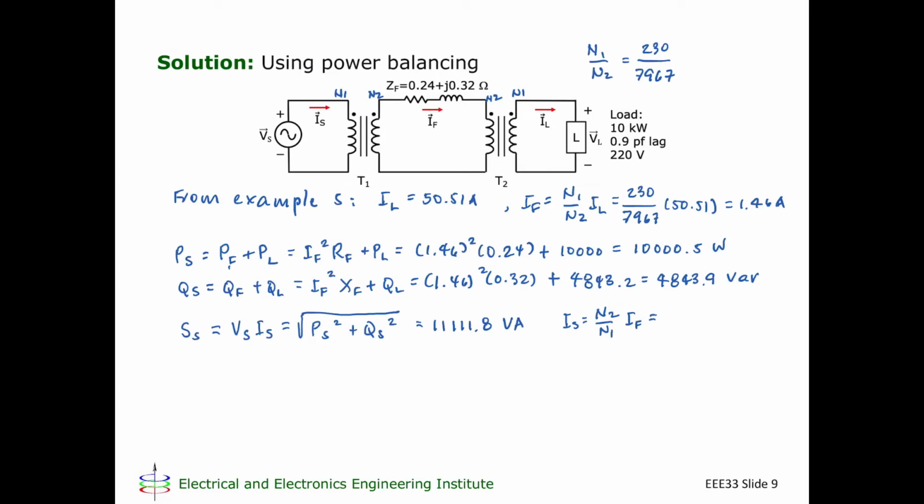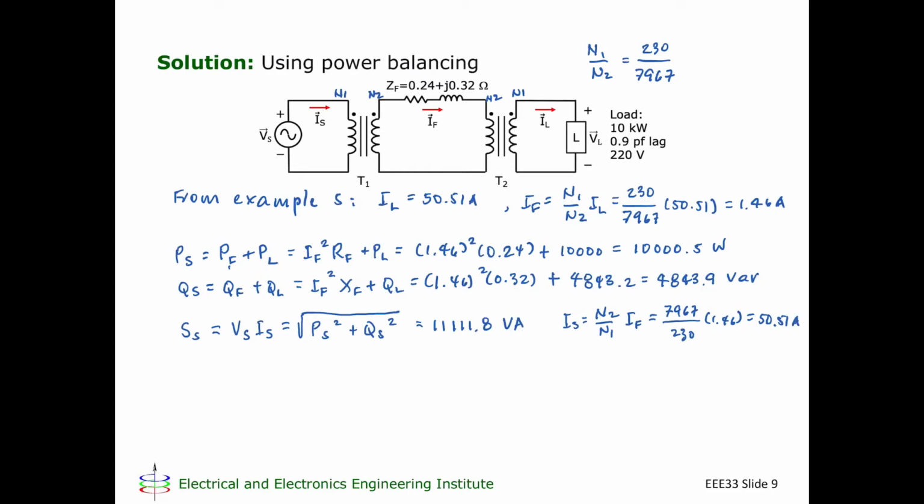So what is this? This is 7967 over 230 multiplied by 1.46. And this will give me, actually, I_L. I_S ends up being the same as I_L, 50.51 amperes.